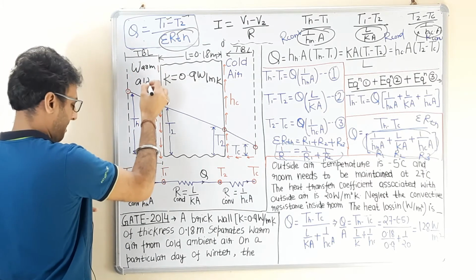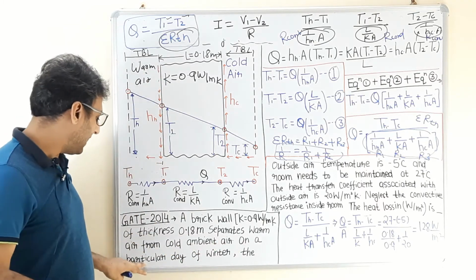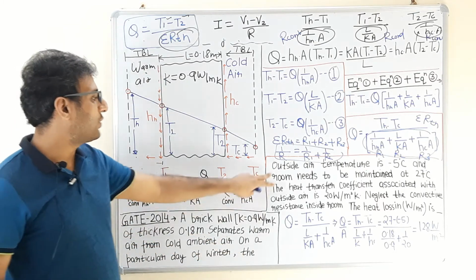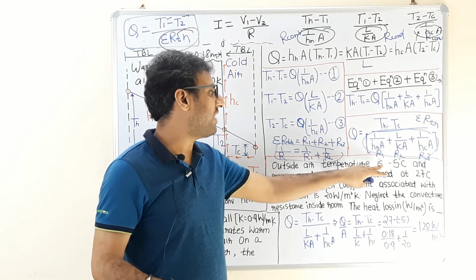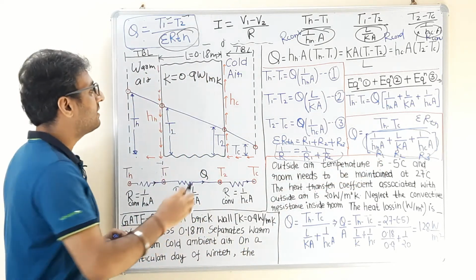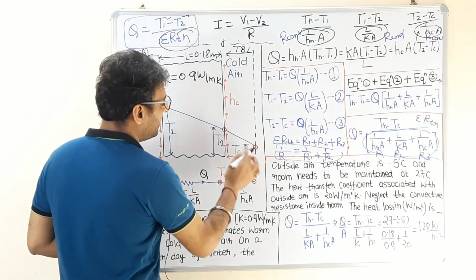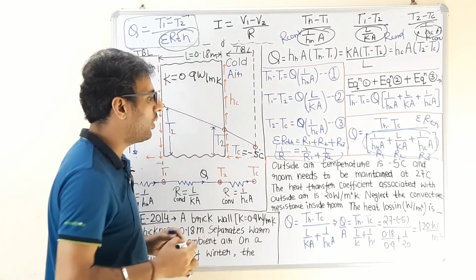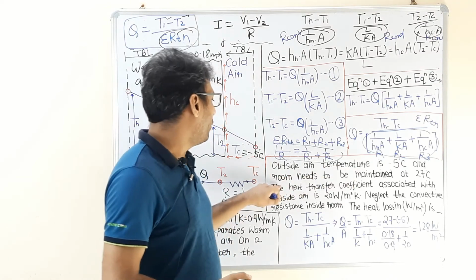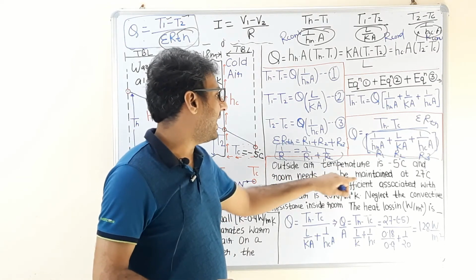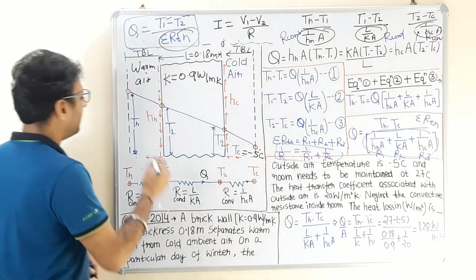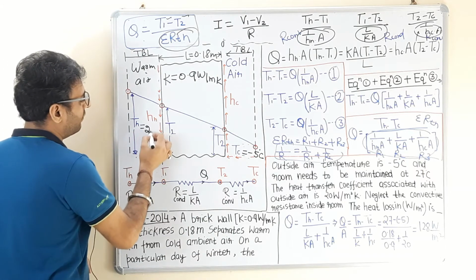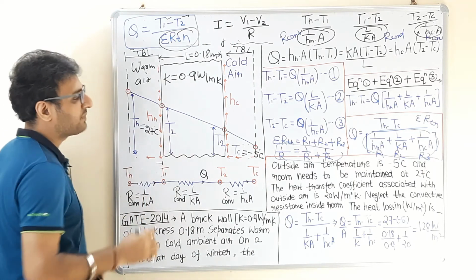Now on a particular day of winter, the outside air temperature is -5 degrees centigrade. It means the temperature of the cold air Tc is -5 degrees centigrade. Further, the room temperature needs to be maintained at 27 degrees centigrade. It means the temperature of the hot fluid is 27 degrees centigrade.